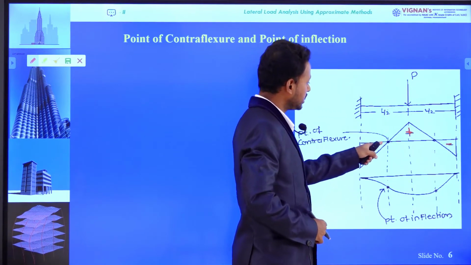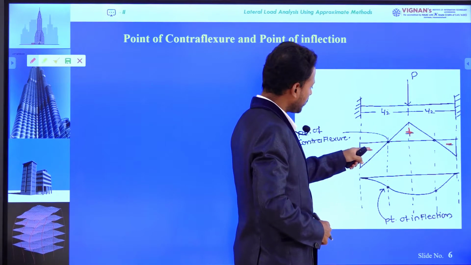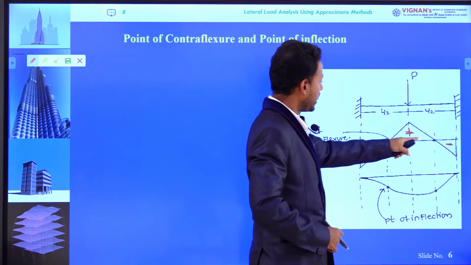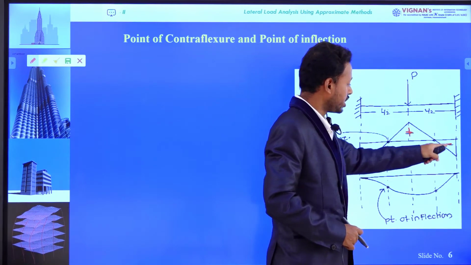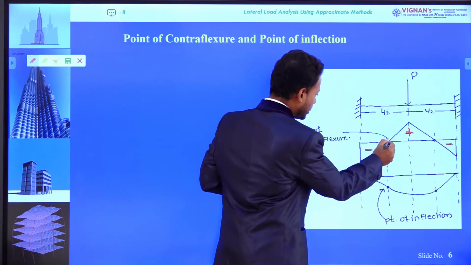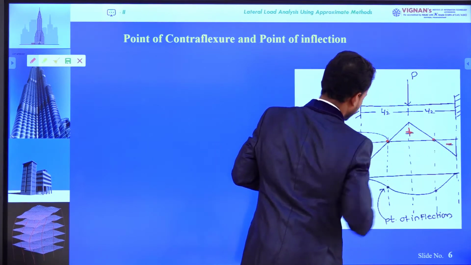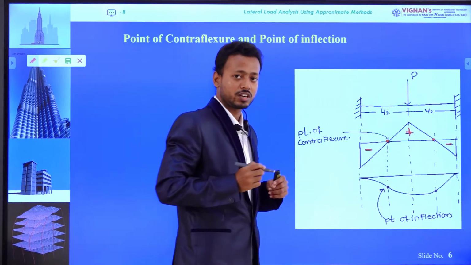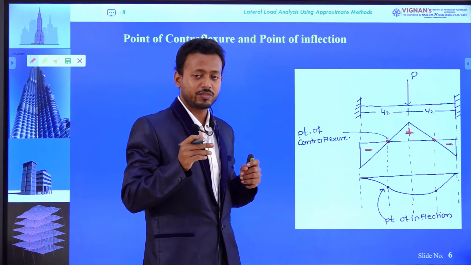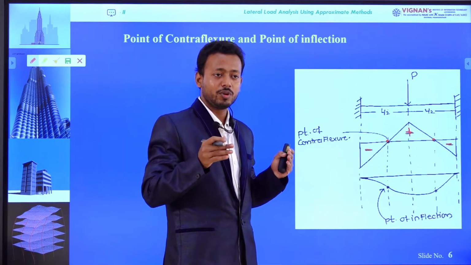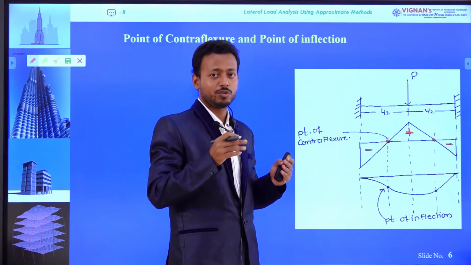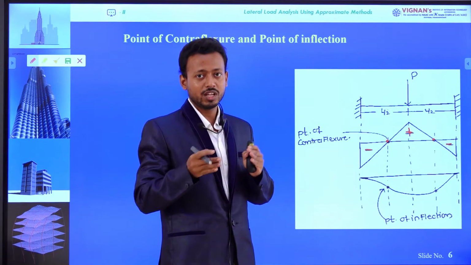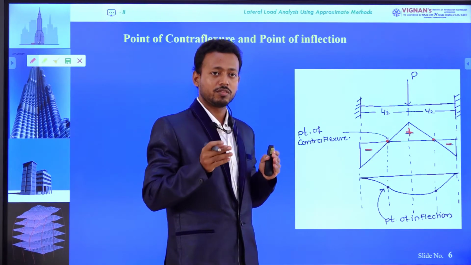At this point you can see the bending moment changing from negative to positive, and at this point from positive to negative. So these two points are called points of contraflexure. So what is the definition? When the bending moment changes its sign from negative to positive or positive to negative, that point is called a point of contraflexure.